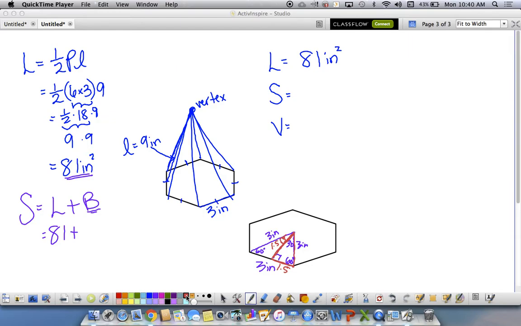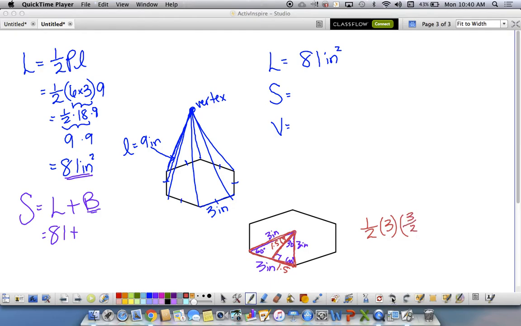So the area of one whole triangle is 1/2 base times height. I'm doing fractions and decimals in the same problem. That is so not like me. 1.5 is 3 over 2.